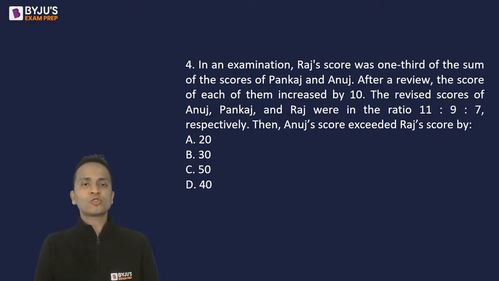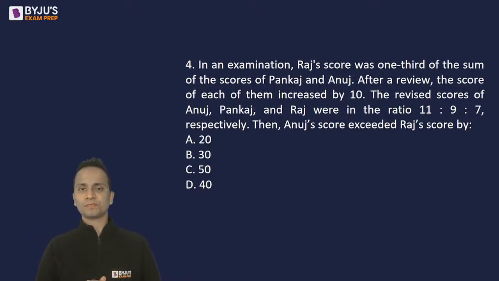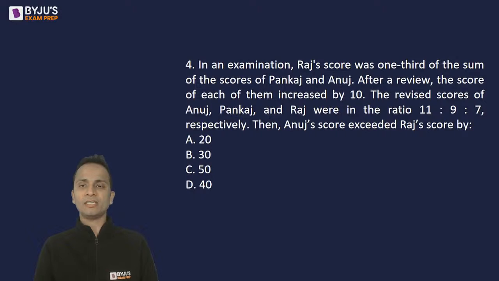After a review, the score of each of them increased by 10 and the revised scores are in the ratio 11, 9, 7 respectively for Anuj, Pankaj and Raj. Then Anuj's score exceeds Raj's score by what number? You basically have to find out the difference between Anuj and Raj's scores.